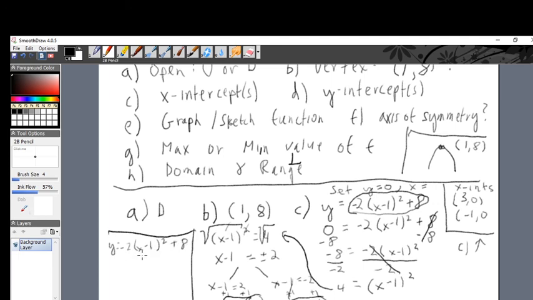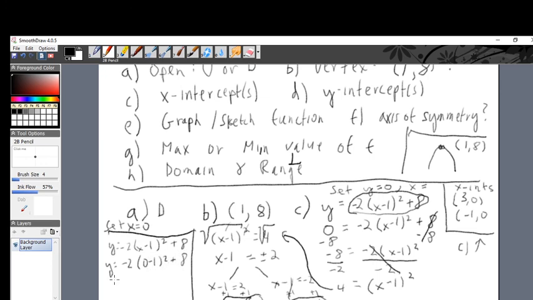If you're interested in the y-intercept, you have to set x equal to 0. Set x equal to 0, and you'll get your y-intercept. So y equals negative 2 times (0 minus 1) squared plus 8.